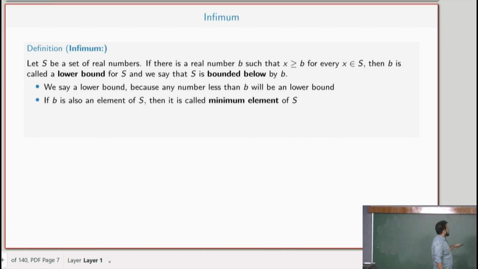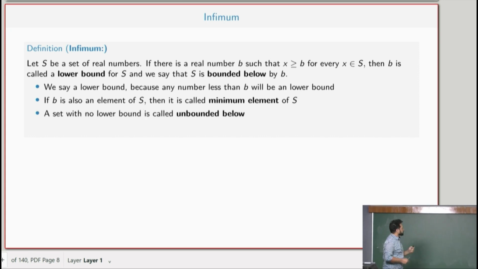If it happens that b is also an element of S, in the definition we never said b has to be an element of S, but if b is an element of S, then we call that element the minimum element of S. It will be minimum because all other elements in S are greater than or equal to b, and b is in S, so hence it will be flagged as the minimum element.